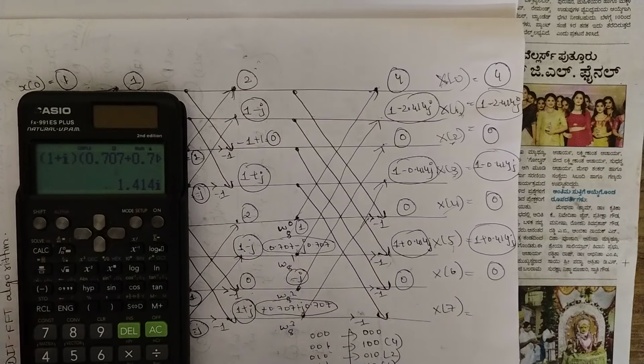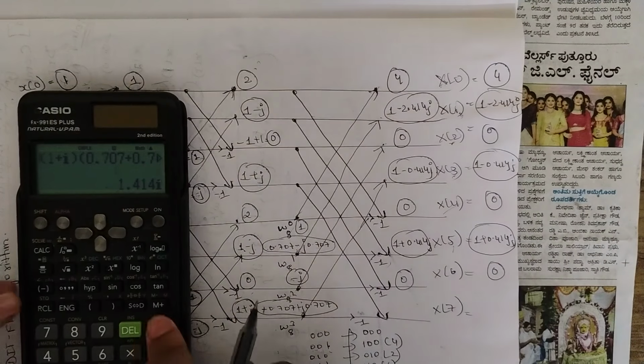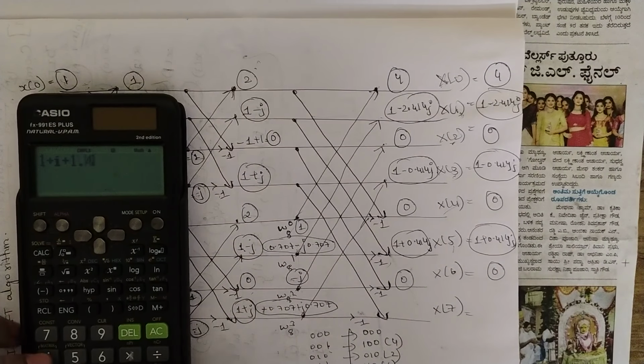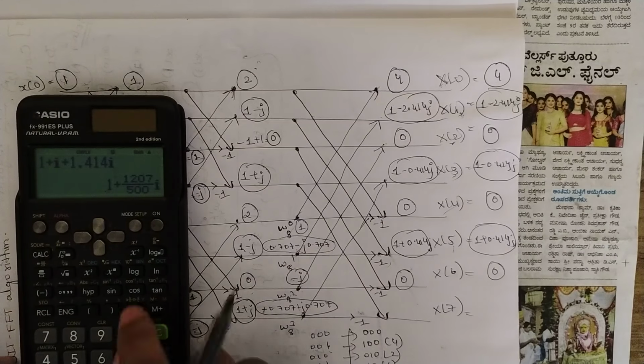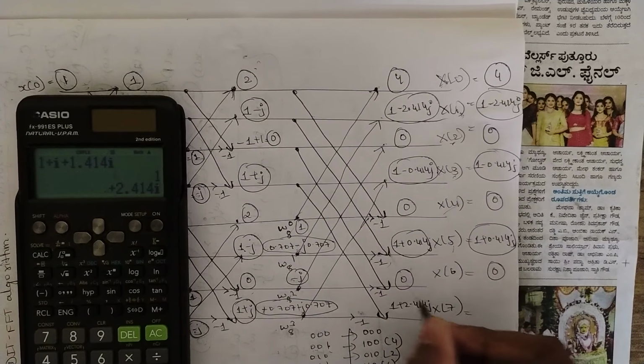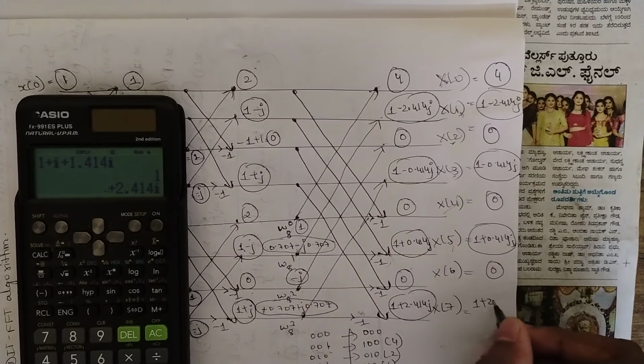That is equal to plus 1.414 j. And here we have 1 plus j. Okay, so 1 plus j plus 1.414 j. That is equal to 1 plus 2.414 j. So that is our last value.